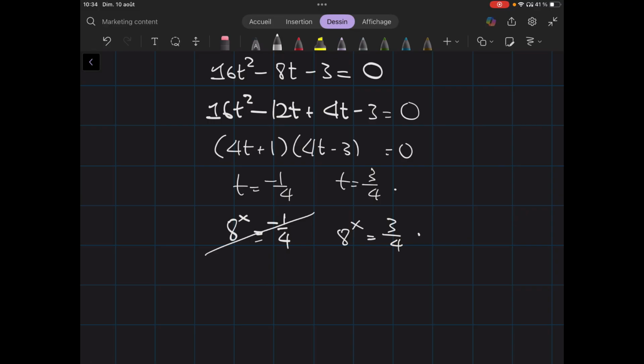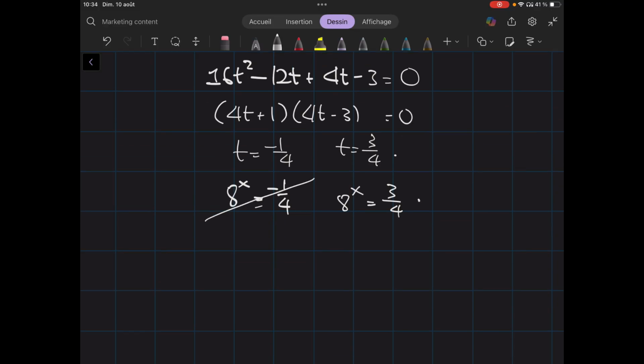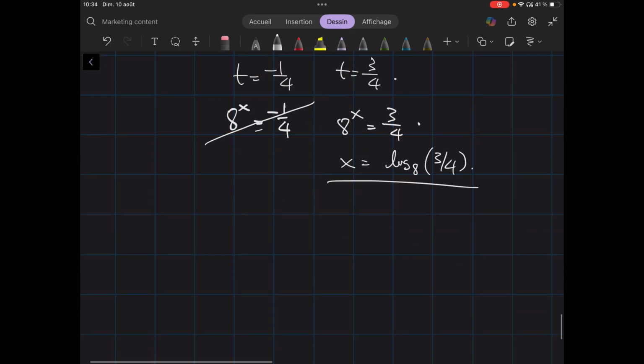If 8 to the x is equal to 3 quarters, then x is equal to log base 8 of 3 by 4. This is a perfectly valid answer. If you want to simplify your answer even further, you may do so. But unless prompted by the question, you can keep your answer like this. It is perfectly fine.